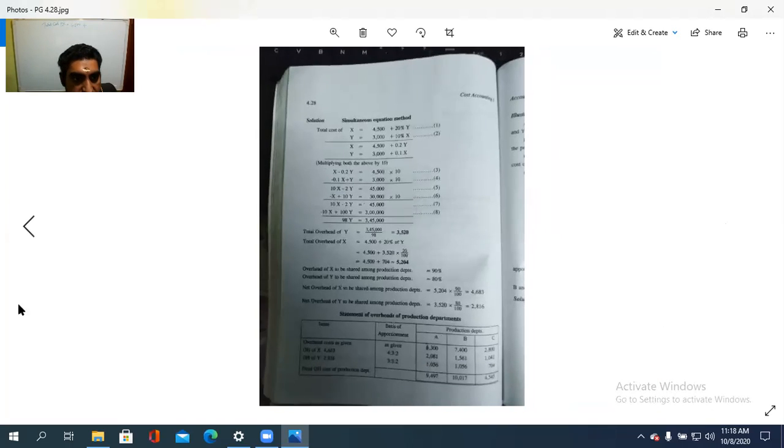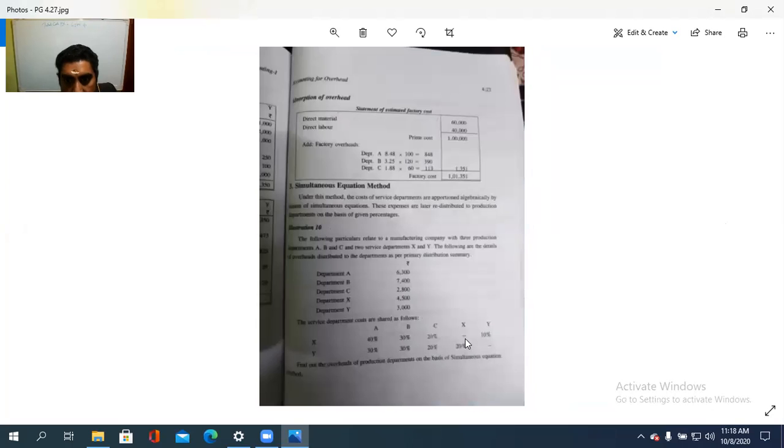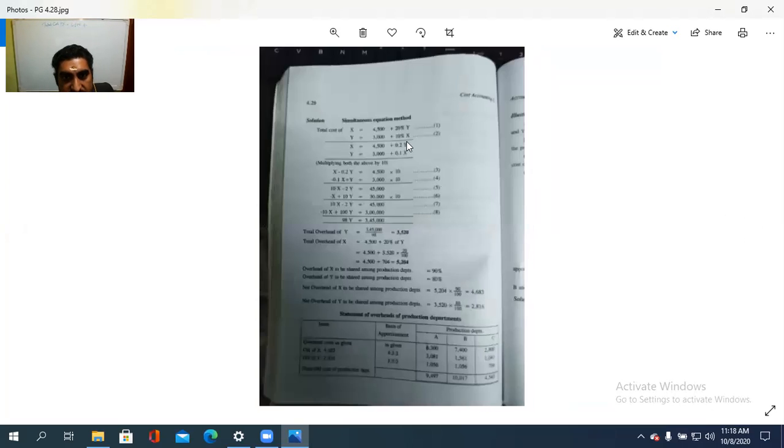See, in the question it is given as 20% of y. In place of X, this is taken. And 10% for x here. So 20% of y, that is the first equation. And the second one, total cost of y is equal to 3,000 plus 10% of x. That is the second equation. So two equations have come.